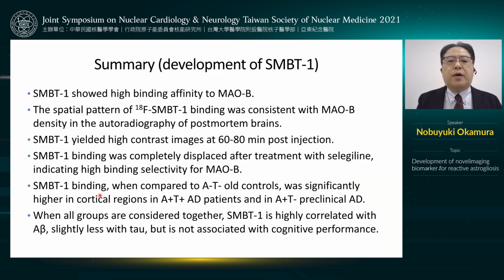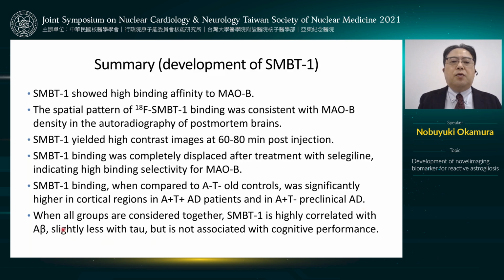SMBT1 binding, when compared to amyloid negative, tau negative old controls, was significantly higher in cortical regions of amyloid positive, tau positive AD patients, and also the amyloid positive, tau negative preclinical AD patients.